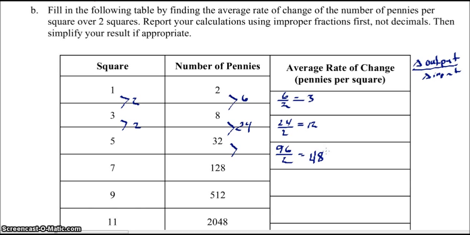The next one, 512 minus 128, that is 384, so 384 over 2 gives us 192.